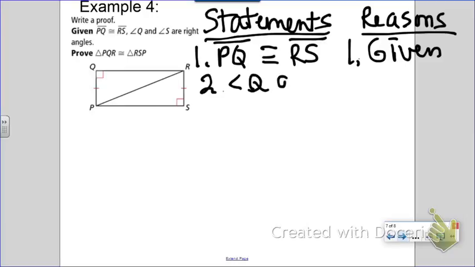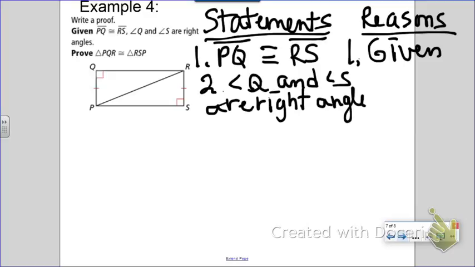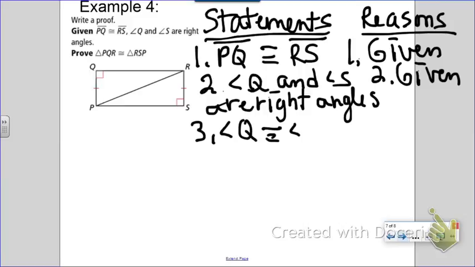Angle Q and angle S are right angles. They're already marked as right angles on the picture, so all we need to do in the next statement is write that they're congruent, because this is not saying congruent. So we have angle Q is congruent to angle S, and that's right angles congruent.